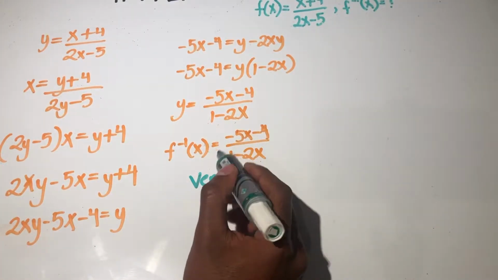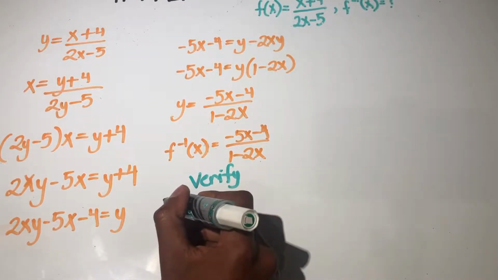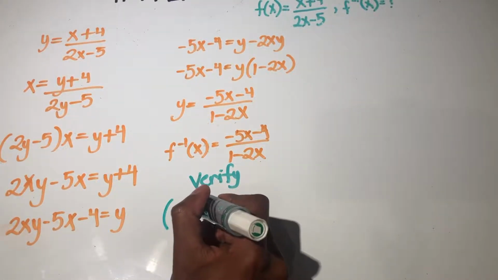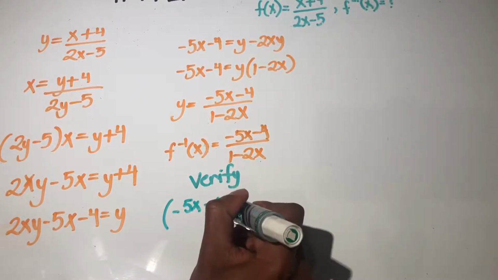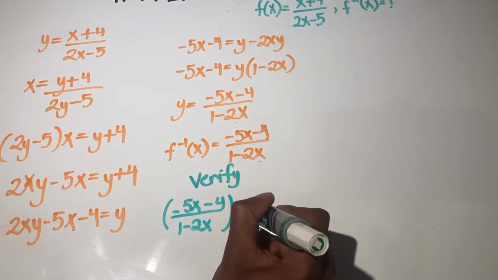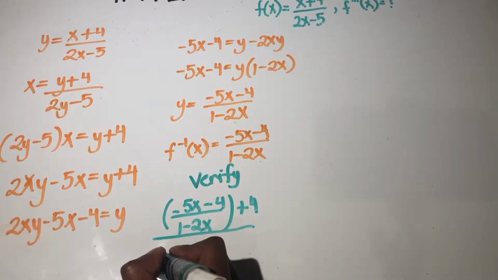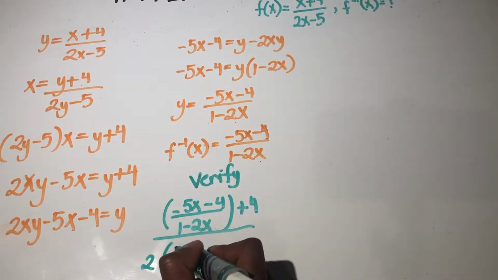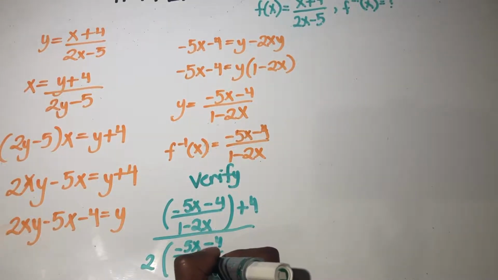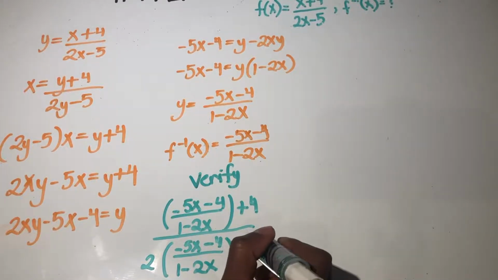So we're going to take this function and put it into the original function. We're going to get negative 5x minus 4 over 1 minus 2x plus 4, over 2 times negative 5x minus 4 over 1 minus 2x, minus 5.